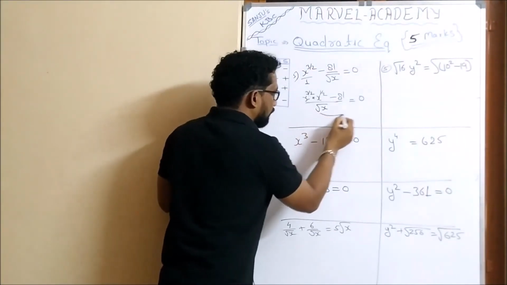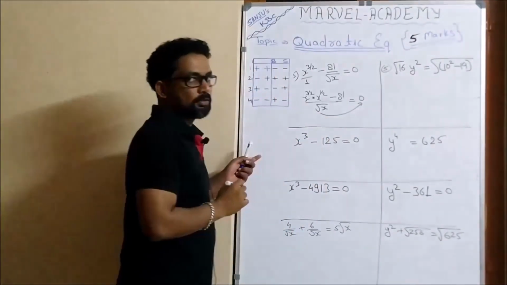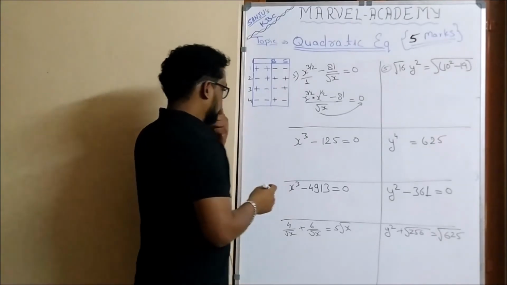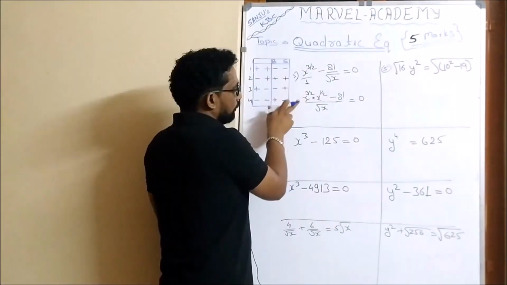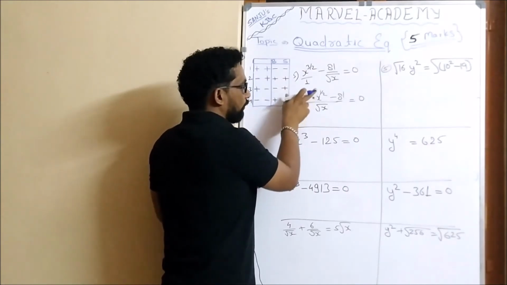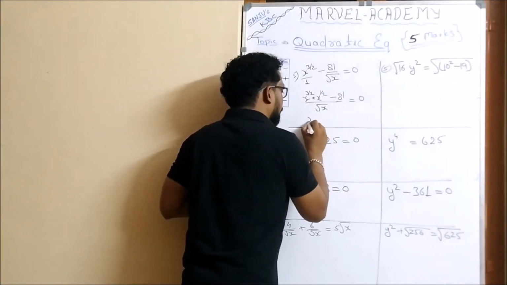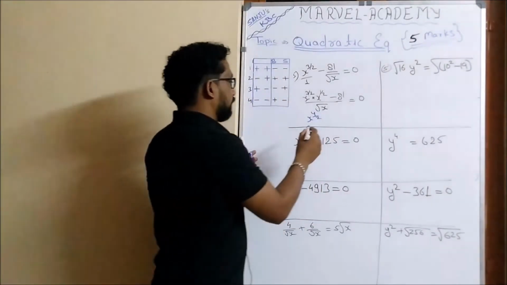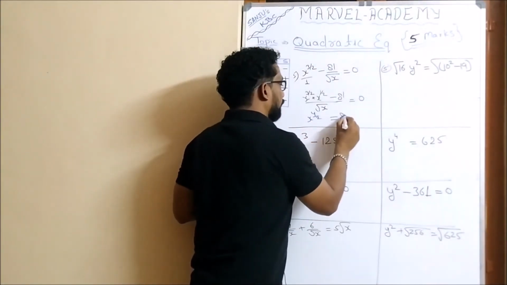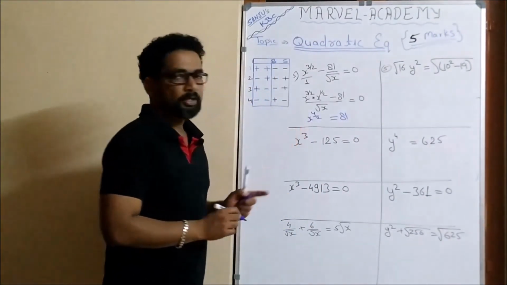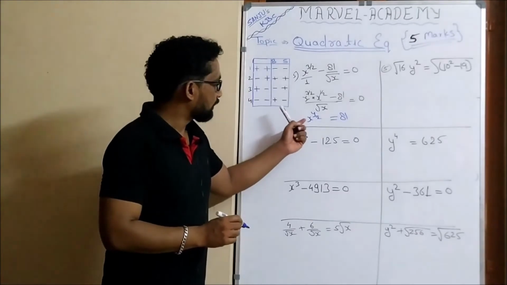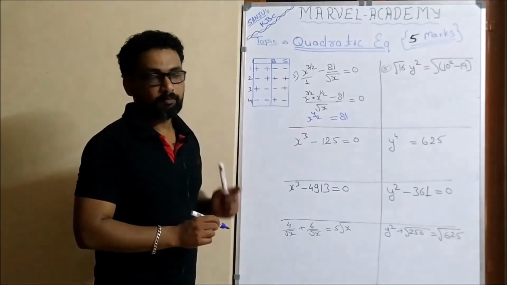Under root x multiplied by 0, we will get 0. So power 3 by 2 and power 1 by 2 will give x power 4 by 2 equals 81. So 4 by 2 equals 2, that means x square equals 81.